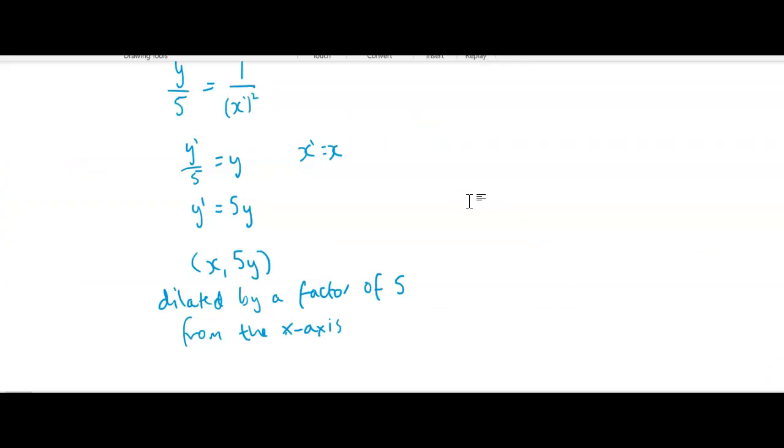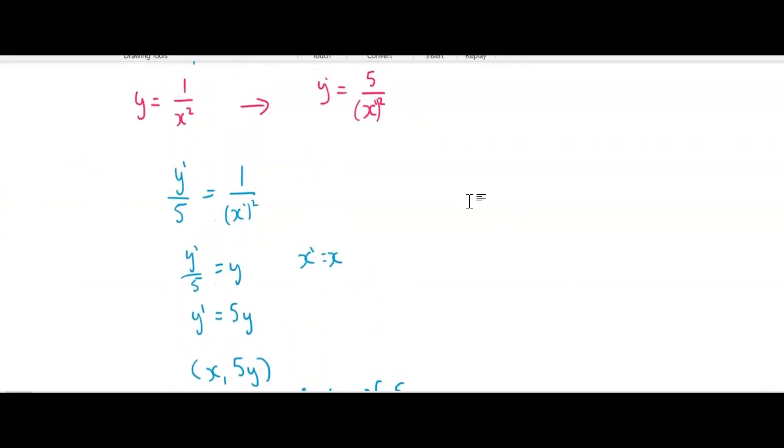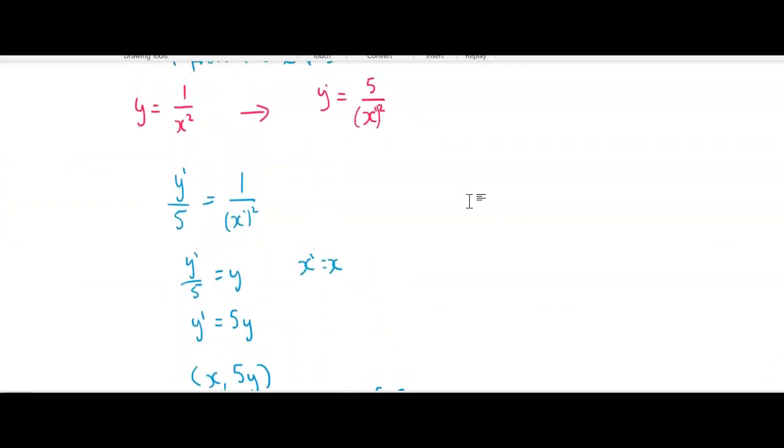So let's do it from the y-axis. Now this one is a good example of why you probably wouldn't do it, because it is a little bit more complicated. Let's rewrite our equation. We've got y dash equals 5 over x dash squared.